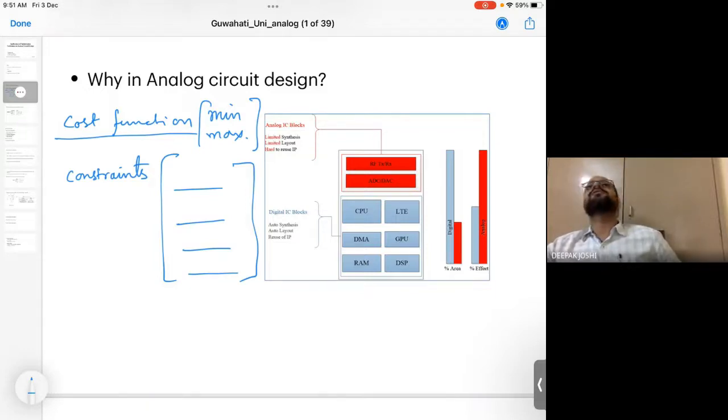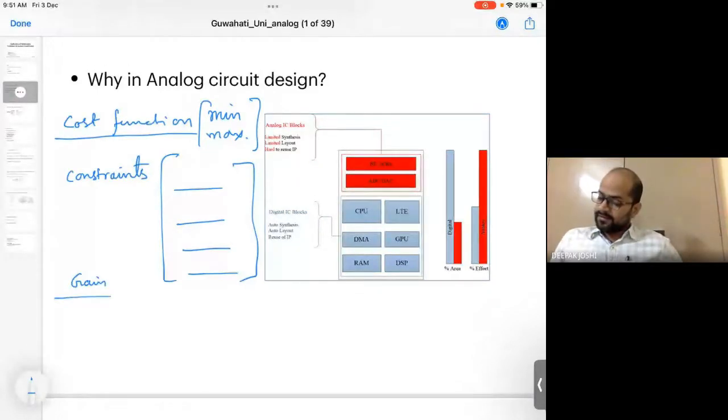Ultimately, when you design the first cut of any analog circuit with pen and paper, you are provided some gain, and you write an expression for the gain. Let us say for the basic amplifier it is gm times RD, where gm·RD is some number, let's say 100.